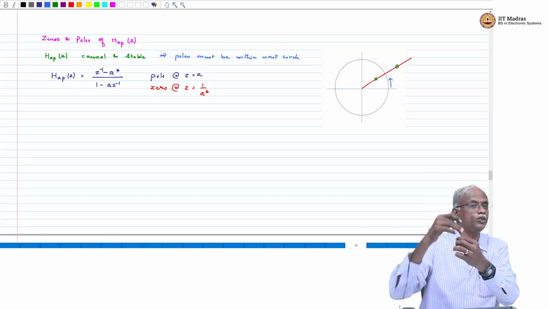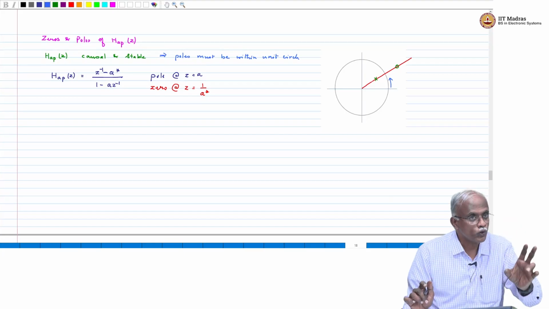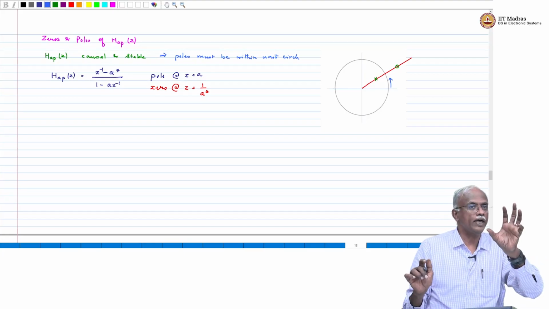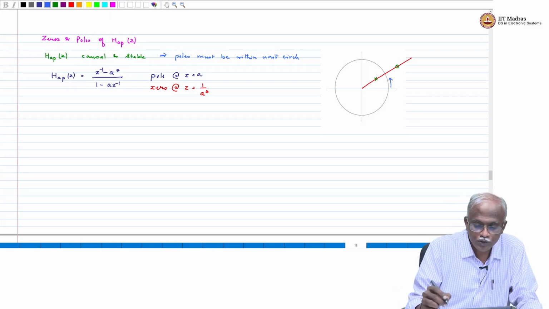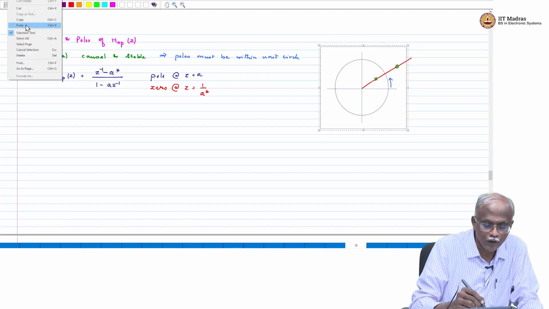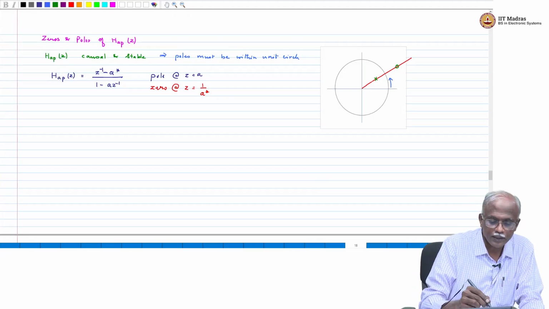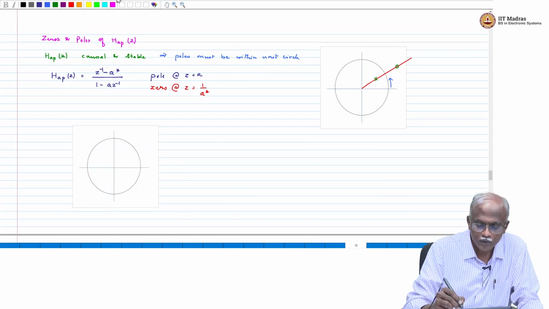So therefore the ratio becomes equal to 1. That's how you get an all-pass system. So now you have a very, very important result which comes from the study of all-pass systems. The following is this. Okay, so that is one of the reasons why we are studying all-pass systems.